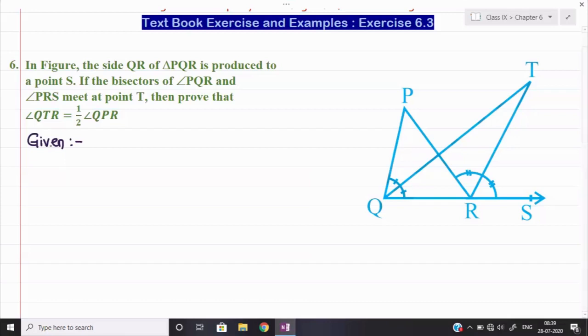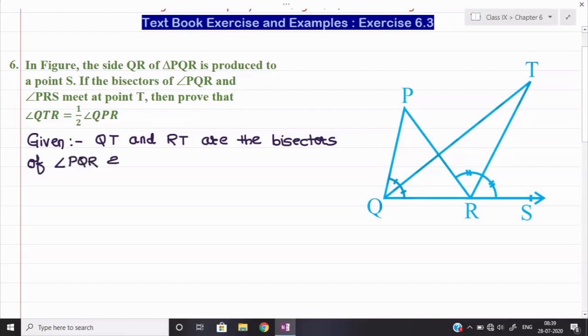So it is given that QT and RT are the bisectors of angle PQR, one, and second, angle PRS. Okay, this much only is given.